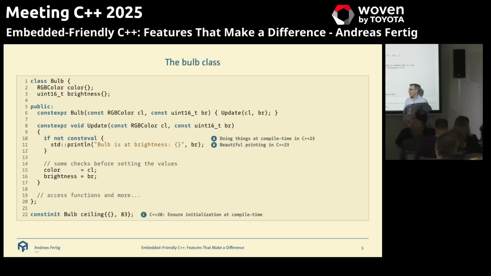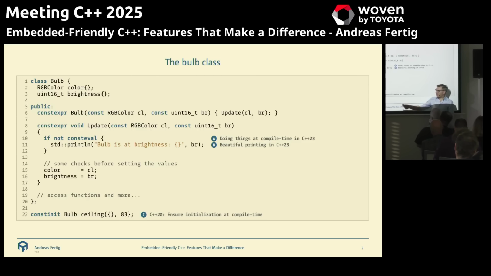So C++20 once again helps you out here by providing a new keyword called const init. So that means constant initialization, but if you compare it to a const expr object or const expr variable, it does not carry the const that usually gets added to a const expr variable. So that thing here ensures that your object gets initialized at compile time, but you can still change it later at runtime.